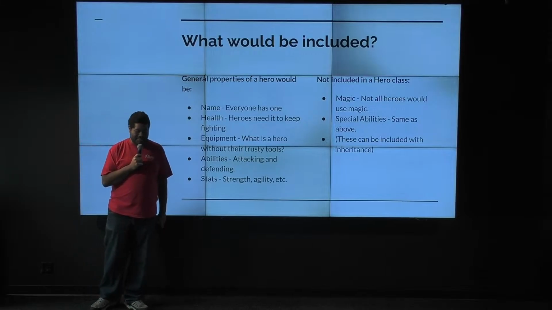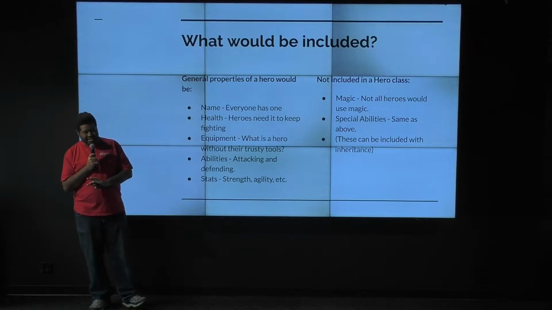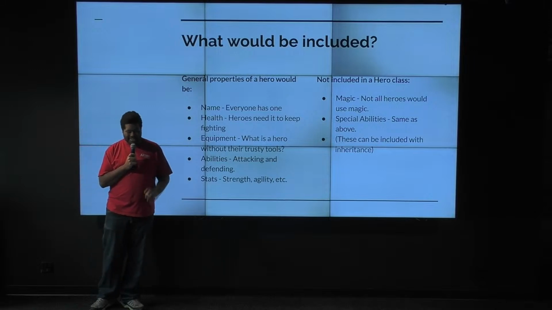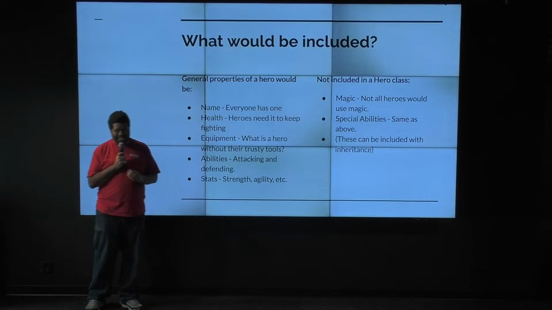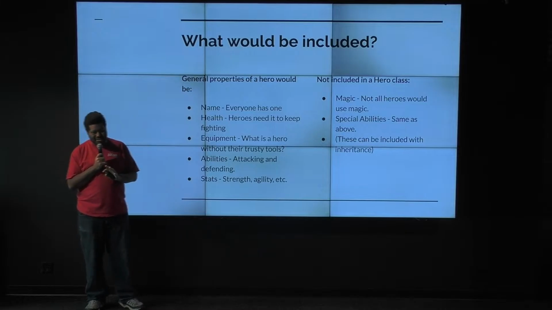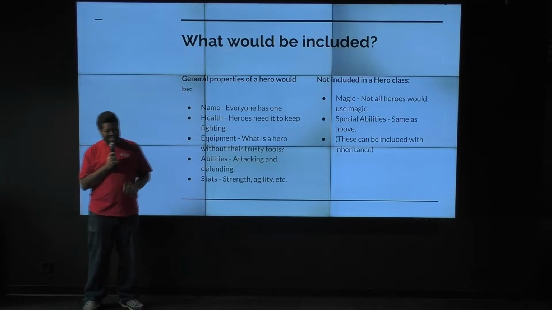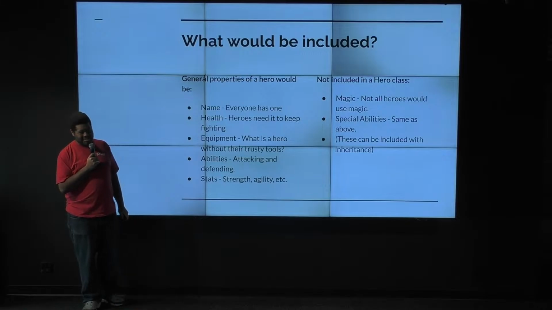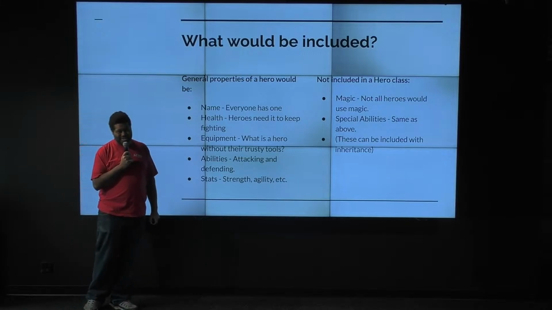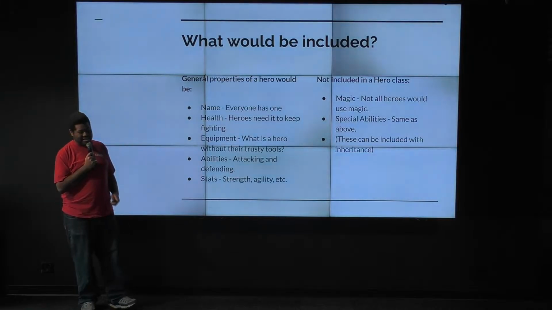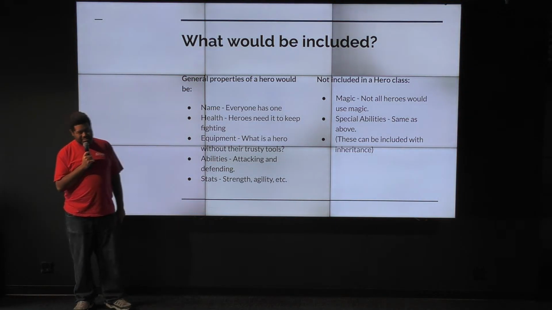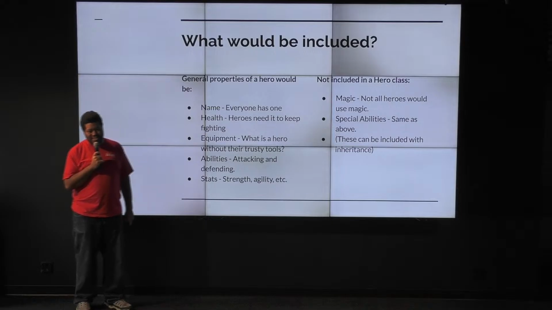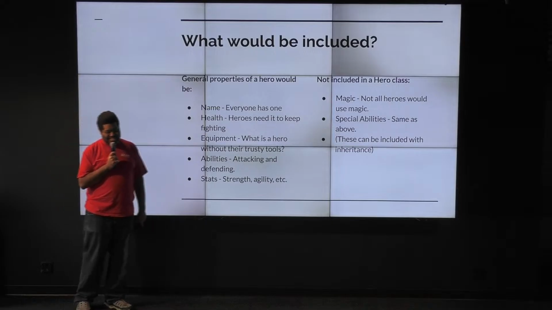Now, touching on inheritance a little bit, what you probably shouldn't include is magic if not everyone can use it. If you have warriors who probably can't cast magic, you probably don't want to include magic in the hero class. Same thing with special abilities, because not everyone will have fireball, for instance.